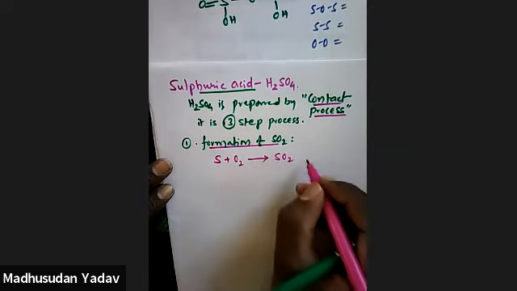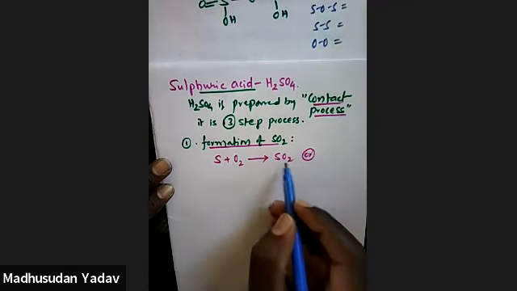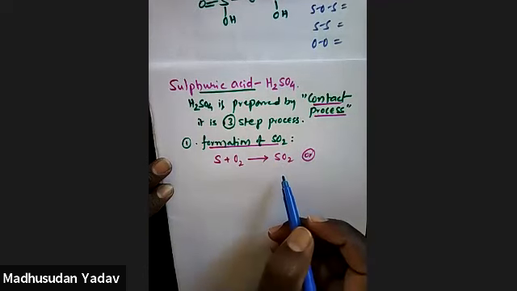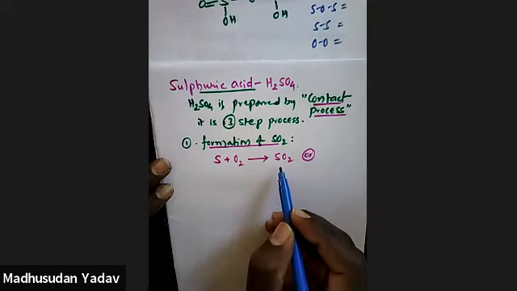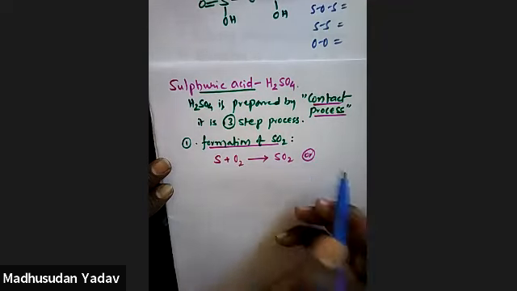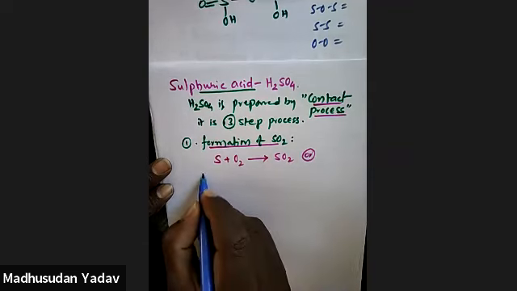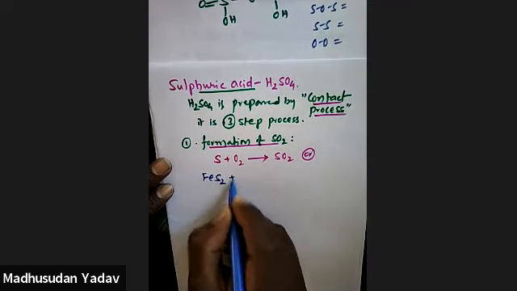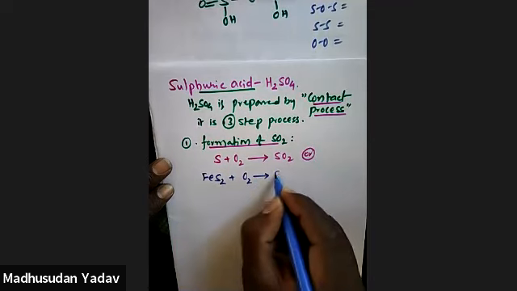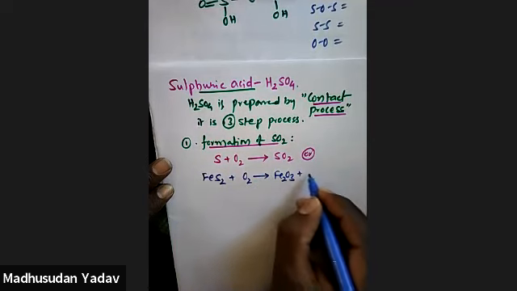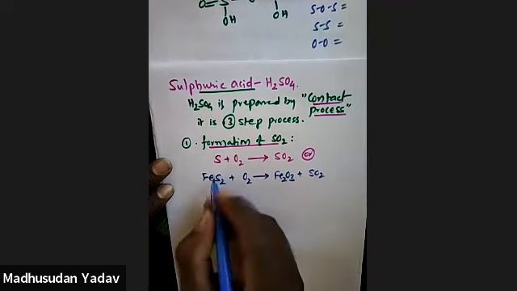Or you can use another one. Sulfur dioxide is also obtained in metallurgical processes, as a byproduct of roasting of sulfur ores. What is that example? Iron sulfide on reaction with excess oxygen converts into Fe2O3 and sulfur dioxide as a byproduct. Okay, now let's balance this.